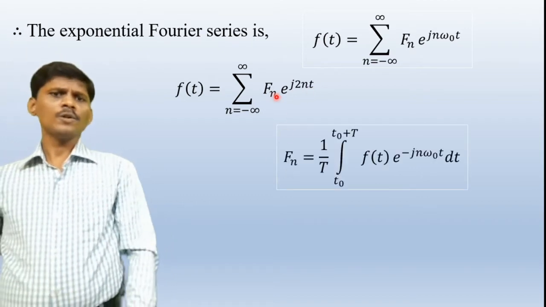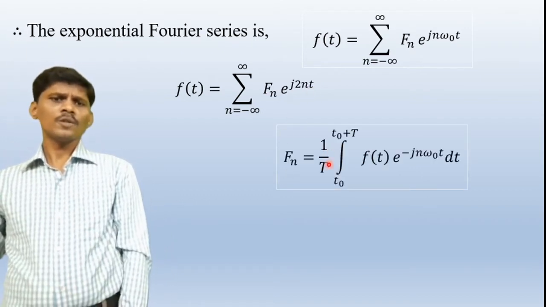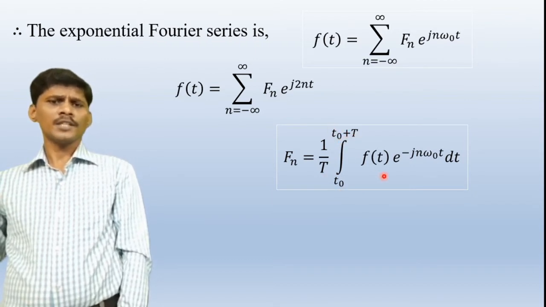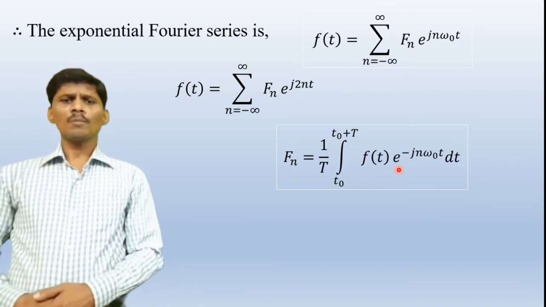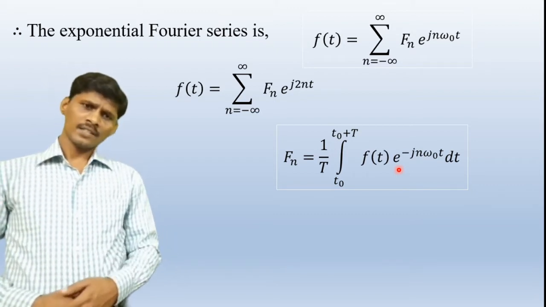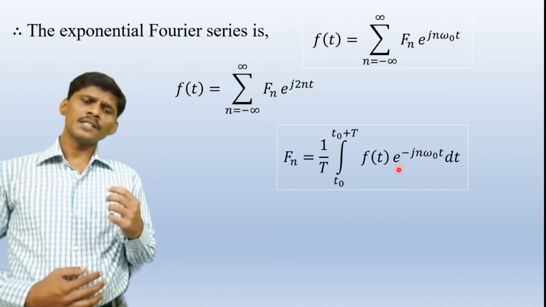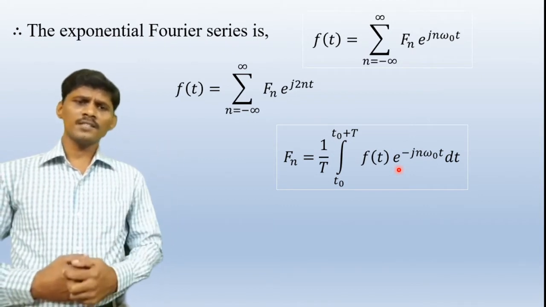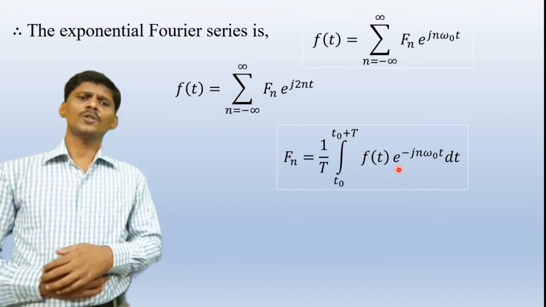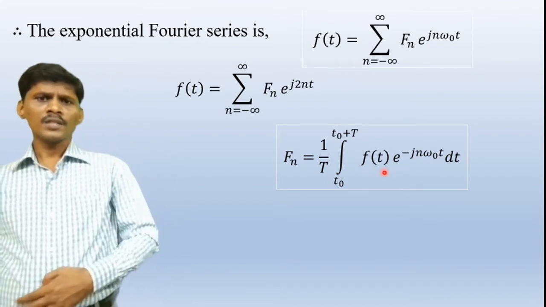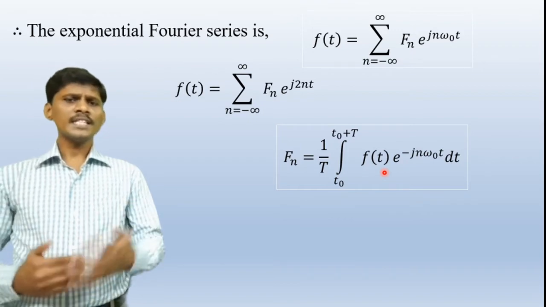Where the coefficient F n is equal to 1 by capital T integral t naught to t naught plus capital T of f of t into e power minus j n omega naught t. In this example, what is the time period capital T? Capital T is pi seconds. The lower limit is 0 and the upper limit is pi. The function f of t is equal to A sine t.